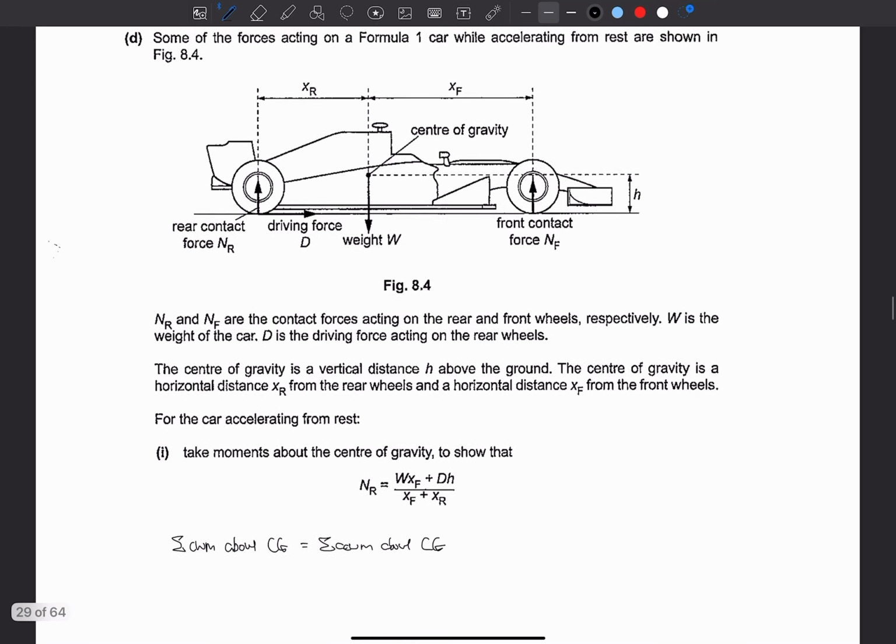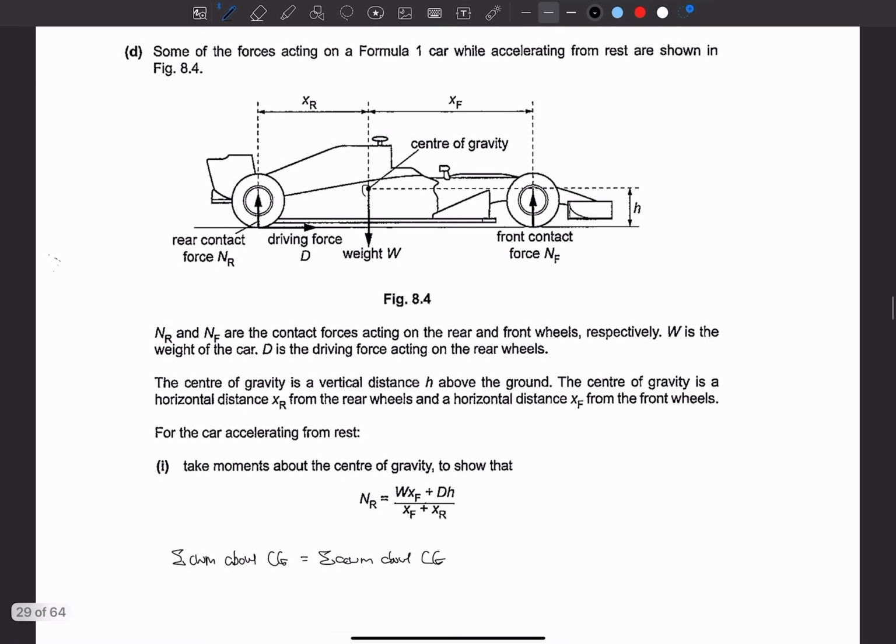If you take the point of reference to be the center of gravity, which are the clockwise moments? Clockwise moments are going in this direction, right? So the first one that I can see would be this one here. Moments due to rear contact force NR. Here's the perpendicular distance between the line of action of the force and the pivot.